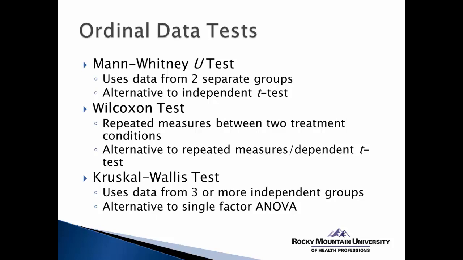You can see how these three tests are analogous to some of the parametric tests we talked about already, the t-tests and the ANOVA. If we have data that doesn't fit those criteria to do those tests, then these are our three alternatives.